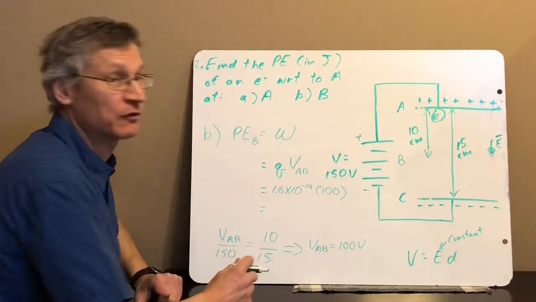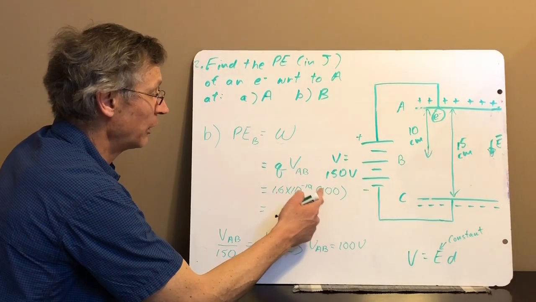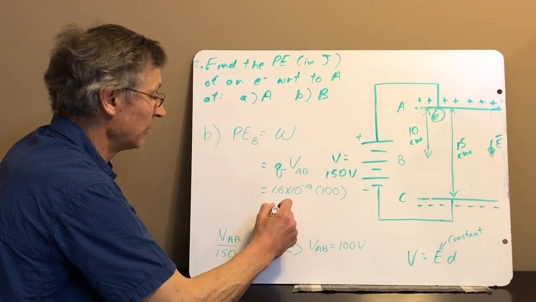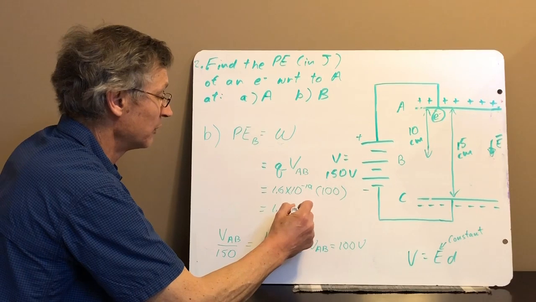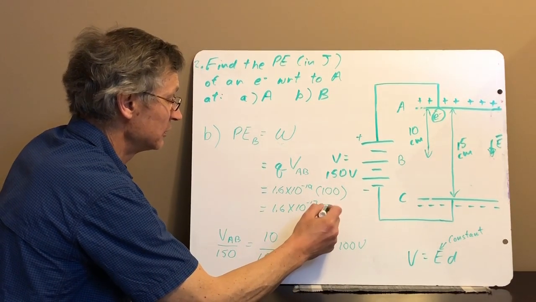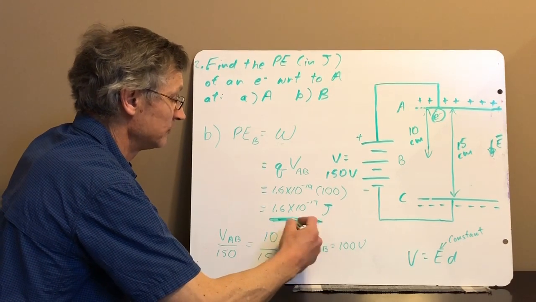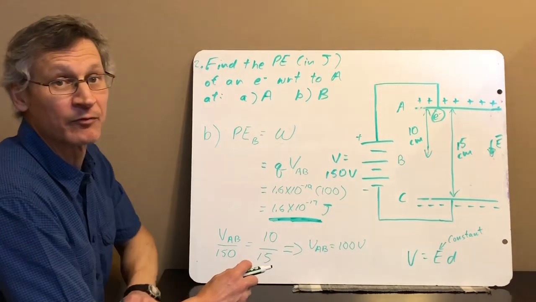You can grind this through your calculator or realize that 100 is the same as 10 squared. Add the exponents here and you get 1.6 times 10 to the minus 17 joules. Done.